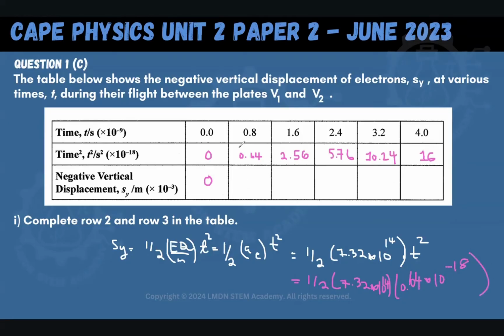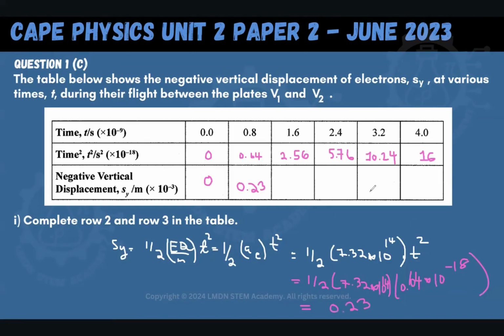I literally just took it from here. I plug that in, taking into account that it's raised to the 10 to the minus 18, and I come up with a value of 0.23 times 10 to the minus 3. So that's in millimeters here. I'm just going to drop that here: 0.23.